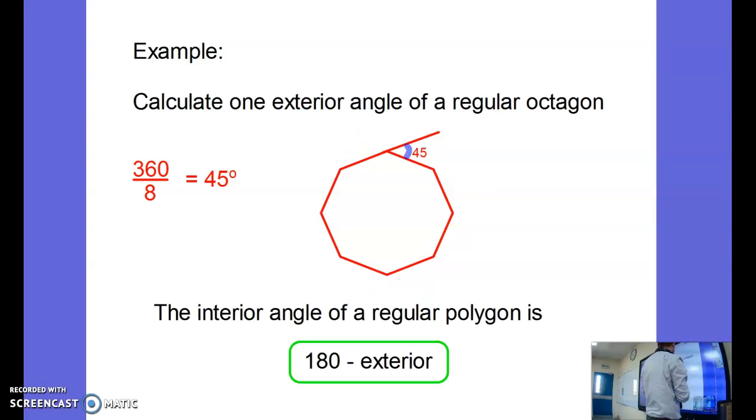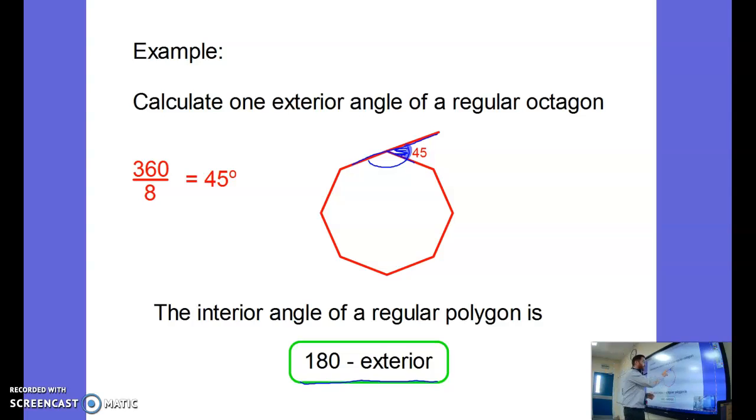A little bit more information. Interior angles of regular polygons are very easy to calculate if you have the exterior, because as we mentioned at the start of the lesson, the interior and the exterior angle make a straight line, and straight lines add up to 180 degrees.